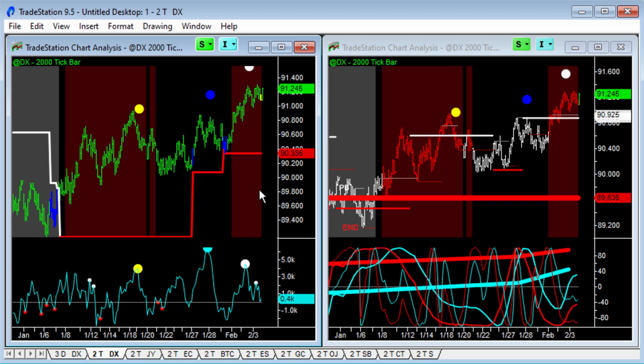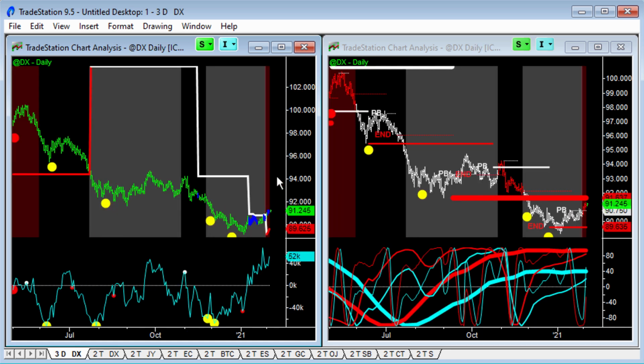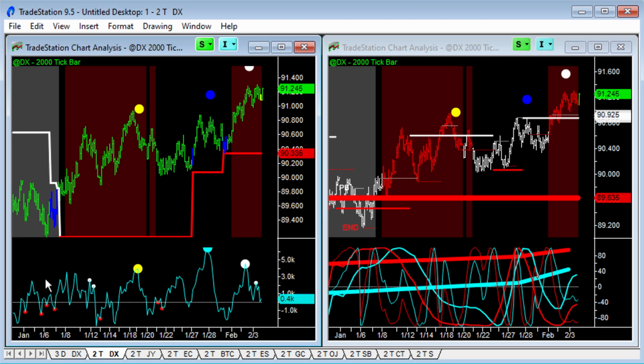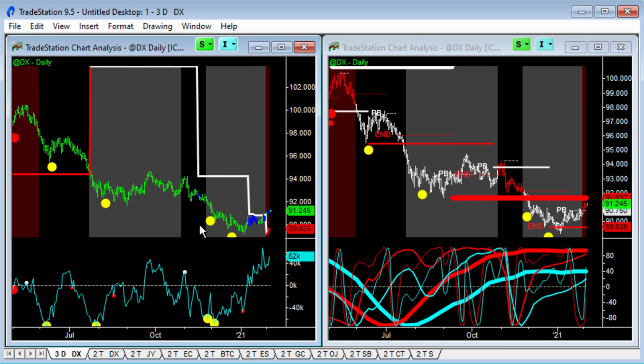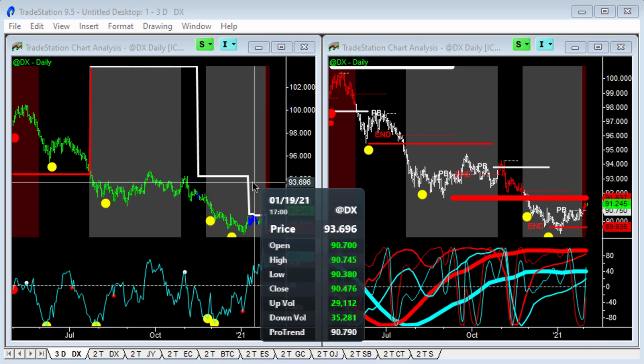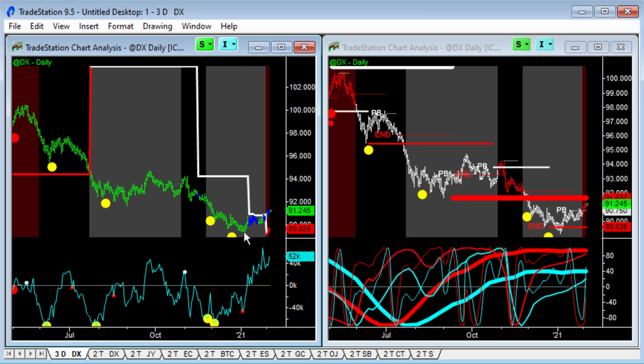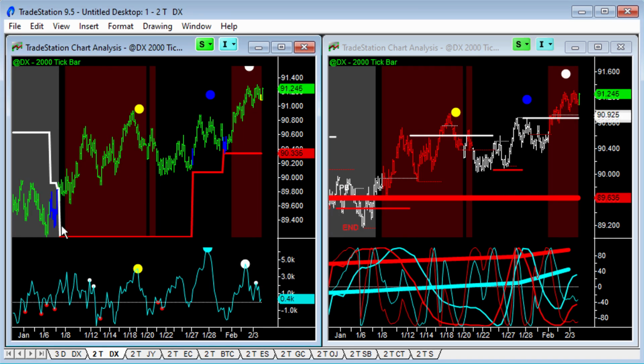But let's just go down to the tick bar charts and show you what I'm seeing there. This is that low being made down here. What are we talking about in terms of dates? So January the 6th or something like that. We are talking about almost the low for the market back here.